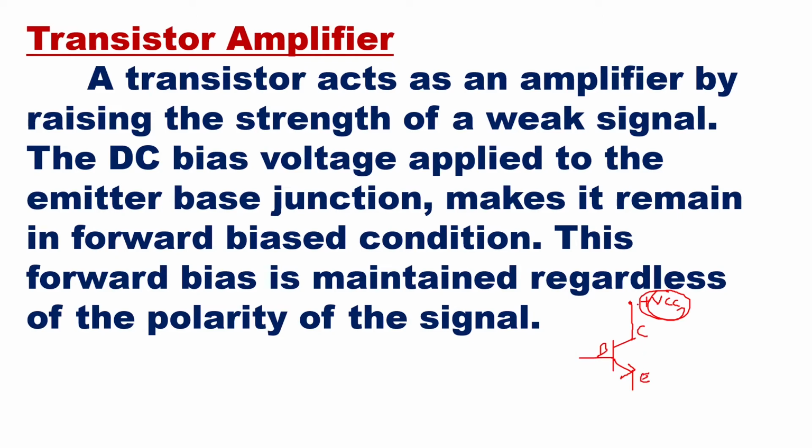So whatever VCC we apply to the collector and base of the transistor, we'll see that the first junction and the second junction of the transistor are properly biased. That is, the first junction is forward biased and the second junction is reverse biased. That is, it is operating in the active region.